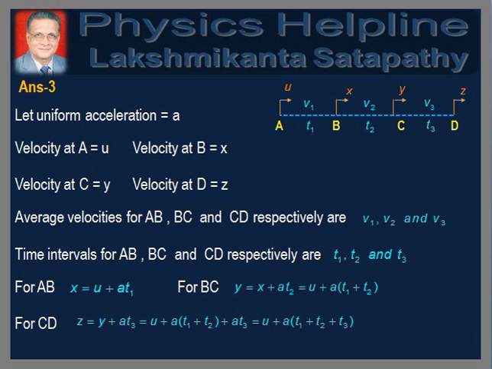Finally, we will solve the problem in question 3. The situation is shown in the figure. We consider the motion of the particle in 3 parts. It is given that the average velocities in the 3 parts AB, BC and CD are V1, V2 and V3, and the time intervals for these parts are T1, T2 and T3 respectively.